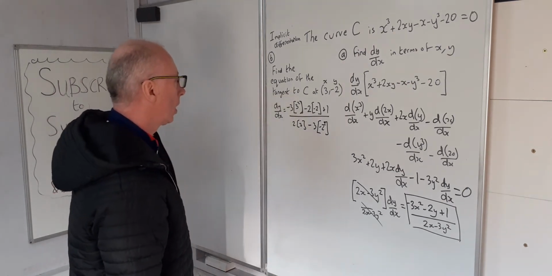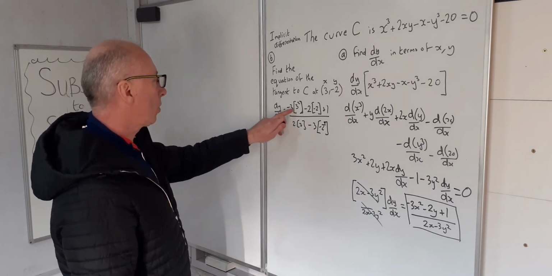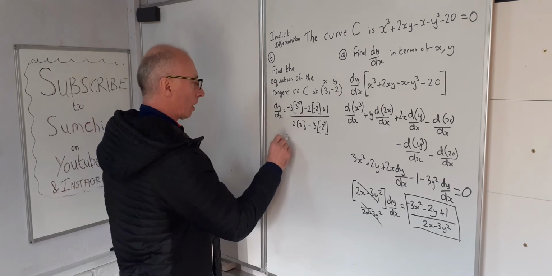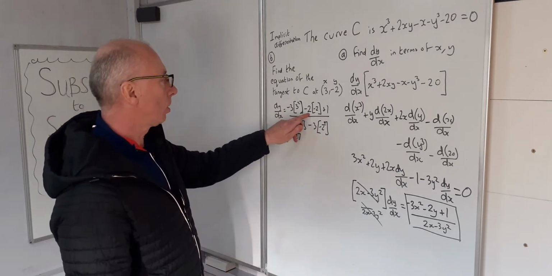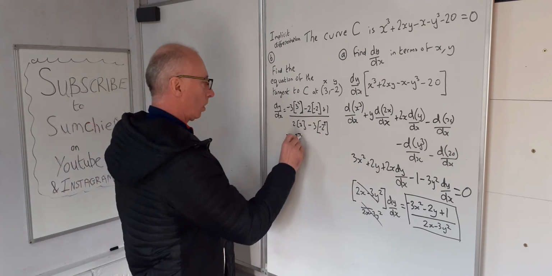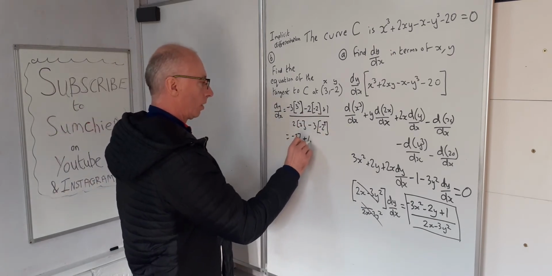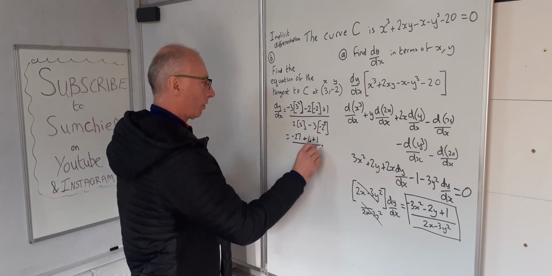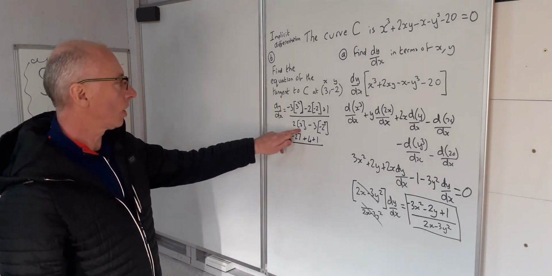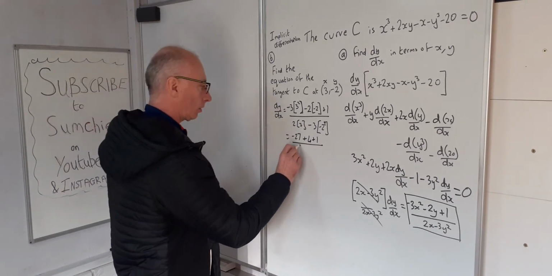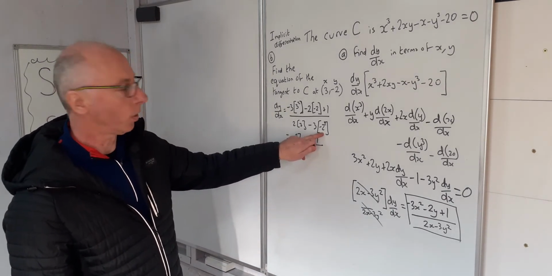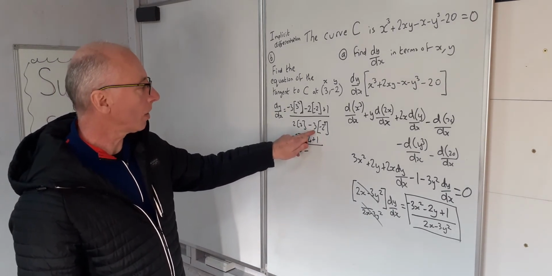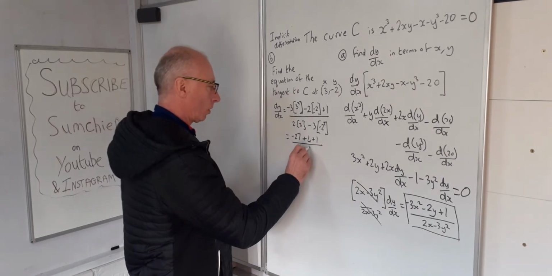Now, minus 3 times 3 squared is minus 27. Minus 2 times minus 2 is plus 4, and then plus 1. Divide that by 2 times 3, which is 6, minus 3 times minus 2 squared, which is 4 times 3 is 12, so minus 12.